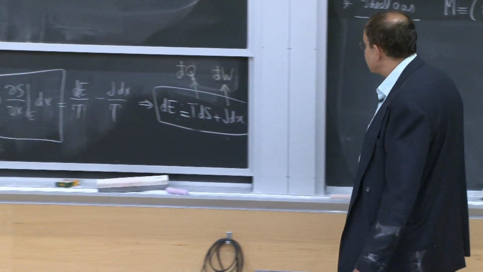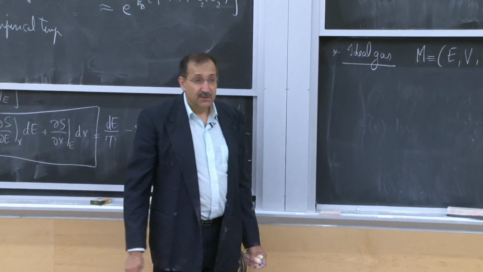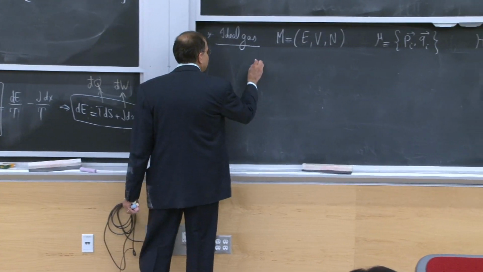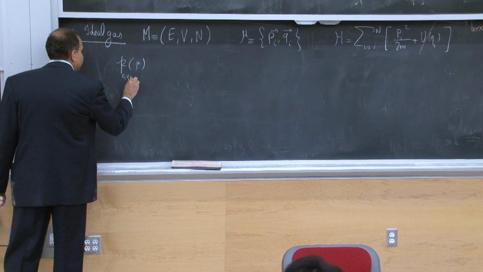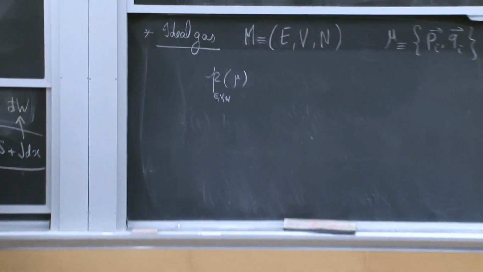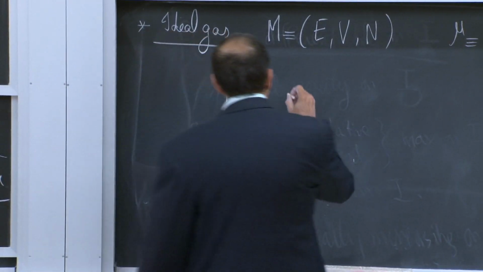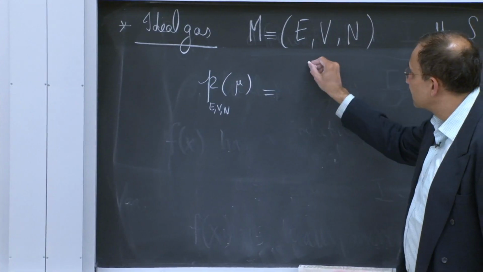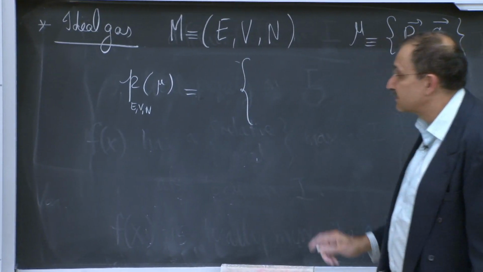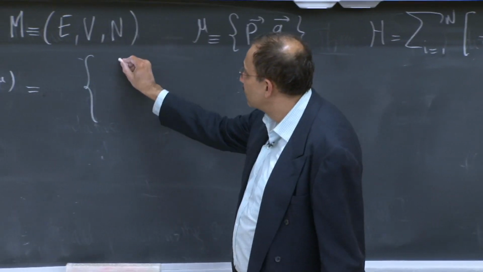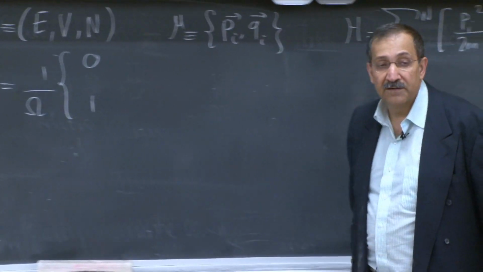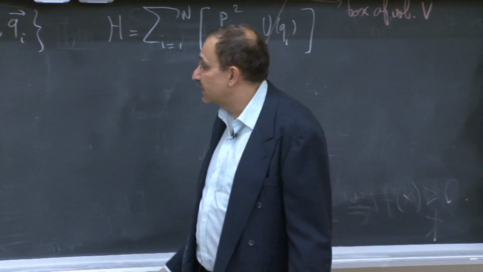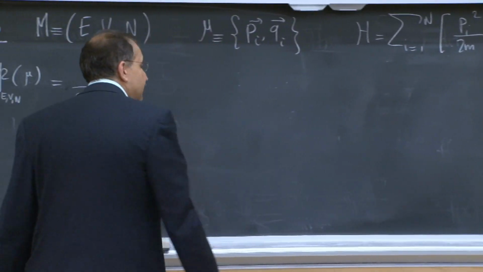Fine. So you ask, what's the probability of some particular microstate given that I specified E, V, and N? I would say, well, this is by the construction that we had, 0 or 1 over some omega, depending on whether the energy is right.